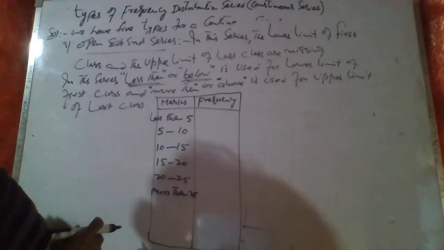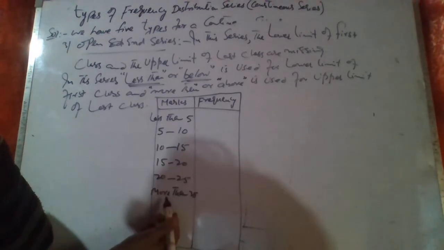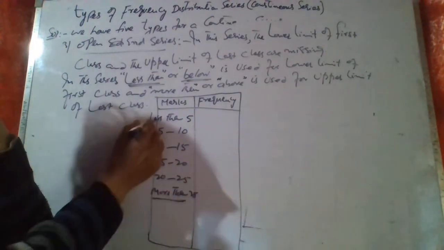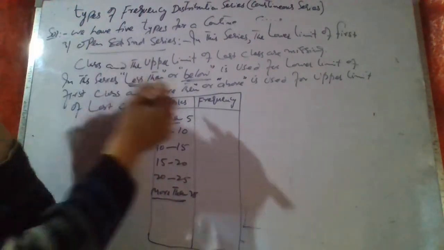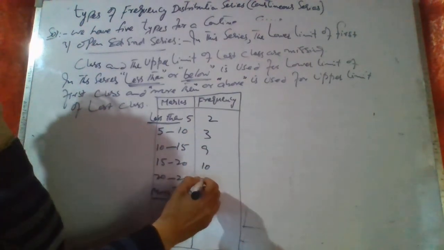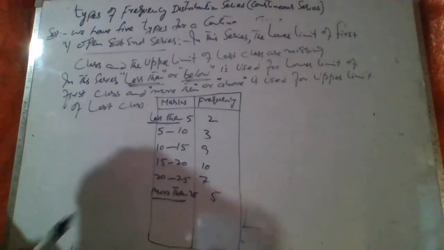Or we can use 25 and above, or more than 25, or less than 5, and these two phrases make it an open-end series. For example, frequency is 2, 3, 9, 10, 7, 5. So this is called an open-end series.